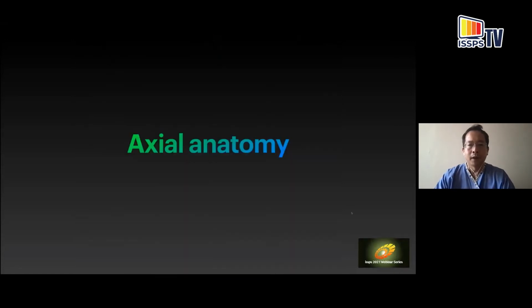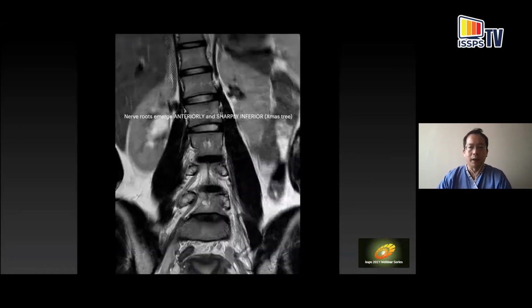Okay. Now, again, the most relevant for us is the axial anatomy. But before we go there, remember that you can, like Dr. Bernard said to us, get scoliosis. So you always have to bear this in mind. But remember the very oblique and inferiorly projecting course of the nerve roots as they emerge from the lumbar spine exit foramina.